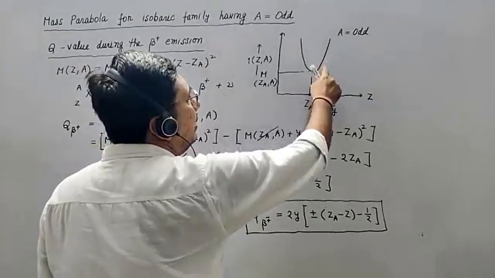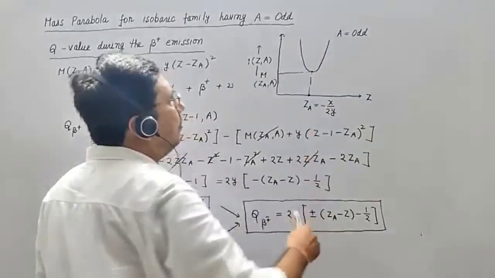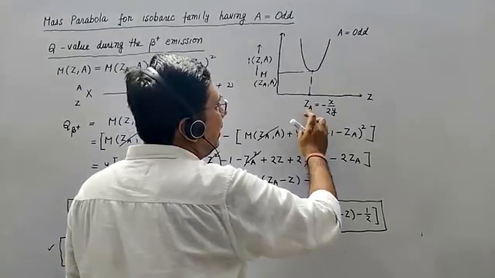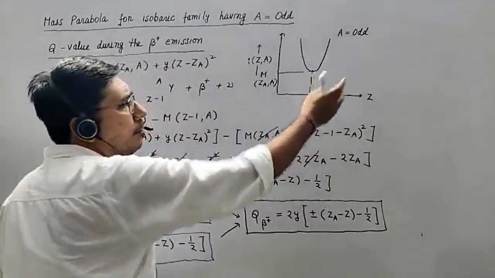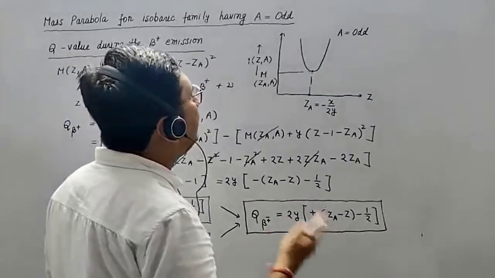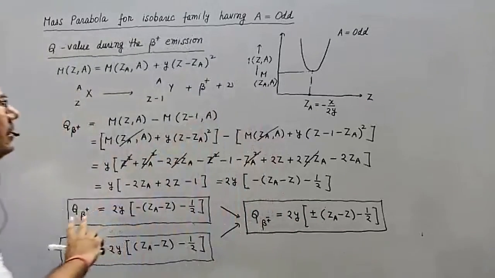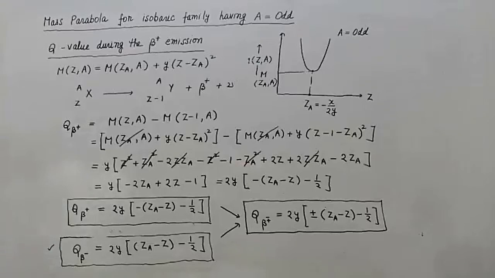And all the members of this isobaric family which are on the right hand side of this ZA nuclei, the most stable nuclei, will emit beta plus particles to achieve the stable configuration. After this, we have found the Q values of the beta plus emission process and beta minus emission process.